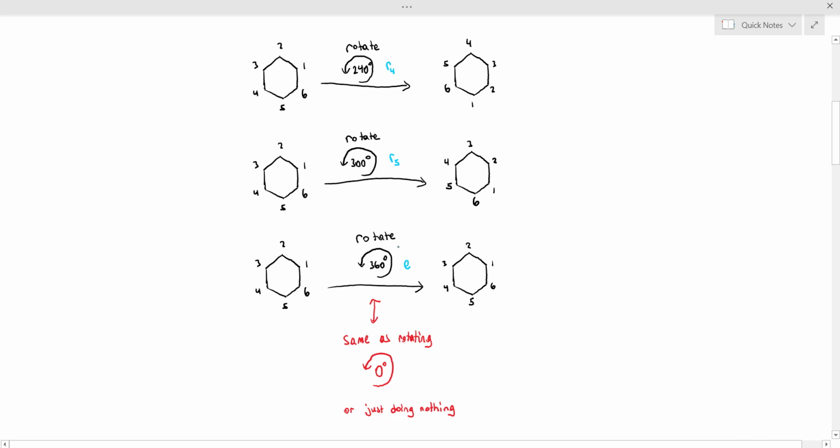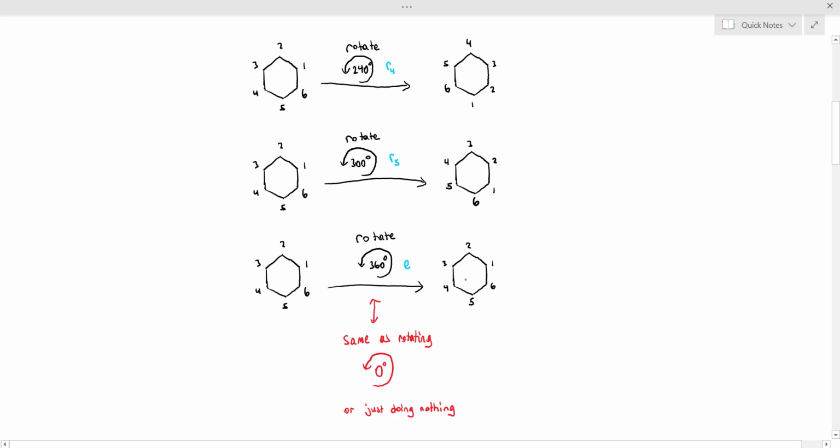So this last rotation, rotating by 360 degrees, is the same as rotating by 0 degrees or just doing nothing, in the sense that none of the points move around. So it's literally just doing nothing.